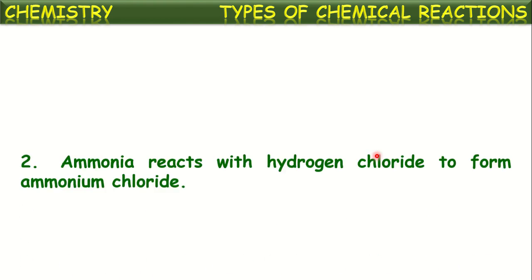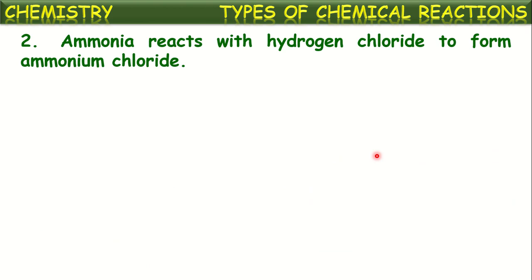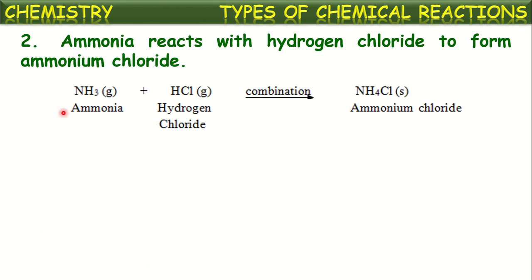Let us see one more example which describes the combination of two compounds. Ammonia reacts with hydrogen chloride to form ammonium chloride. So here ammonia is reacting with hydrogen chloride to form ammonium chloride. So here two substances combine together to form a new compound.